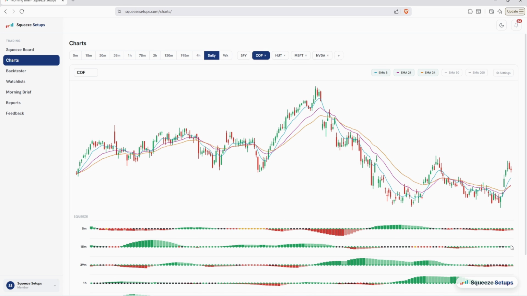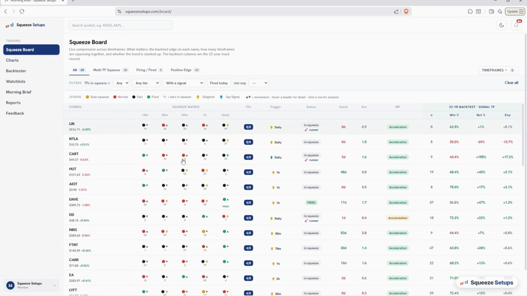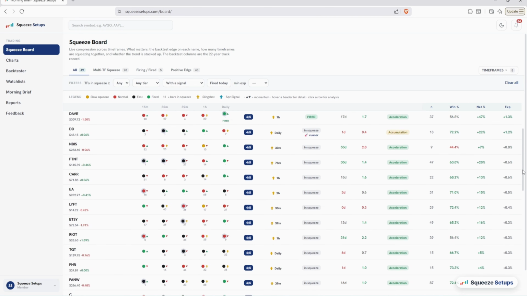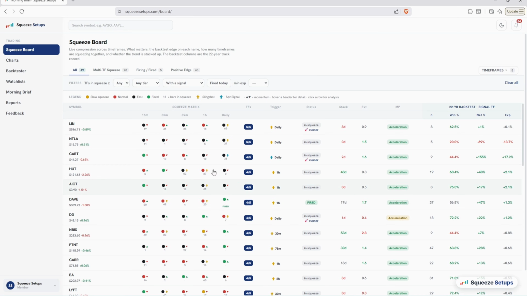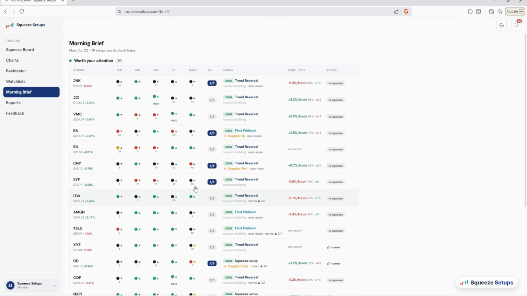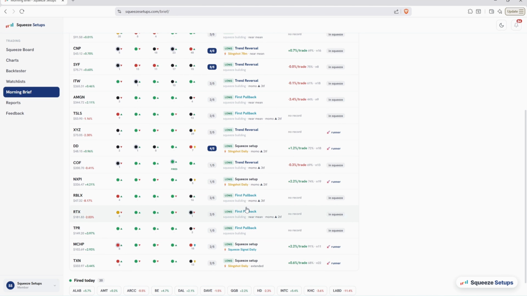It does look like we have squeezes on some time frames, but not a lot of time frames. What do we want to be looking at here in terms of an entry? Are we seeing Capital One Financial on our board here? Well, no, I don't see it. So we don't really have Capital One Financial as a stock currently giving us any kind of trigger. However, it is a stock that's on our radar, which is why you'll see it on the morning brief.